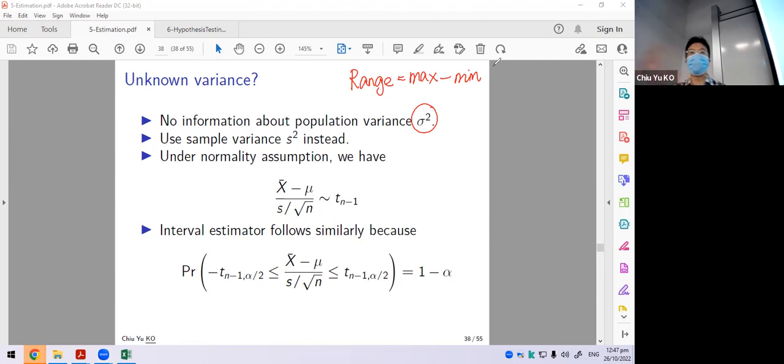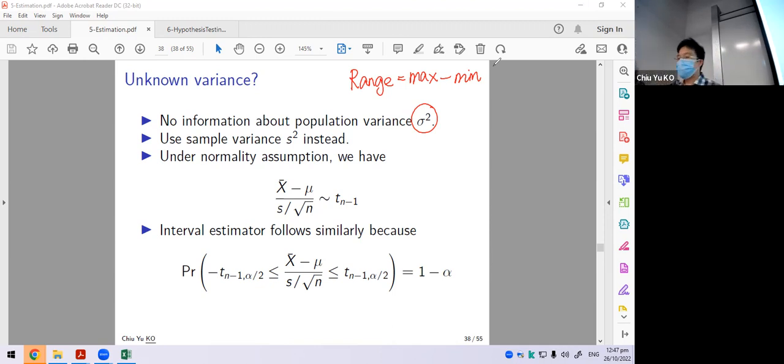The range gives us an upper bound for the sigma square, because sigma square looks at each data point's difference from the mean, squared. Range is the maximum difference. So if you square the range, that will be the upper bound. The variance cannot be more than the range squared.